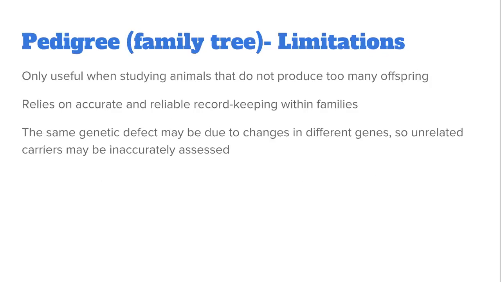In terms of some of the limitations, it's only useful when studying animals that do not produce too many offspring. It relies on accurate and reliable record keeping within families to have the right information being used to construct the pedigree chart, and the same genetic defect may be due to changes in different genes. So sometimes carriers of diseases can be inaccurately assessed.